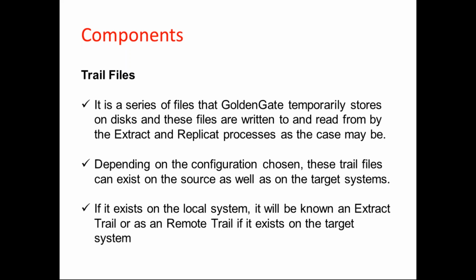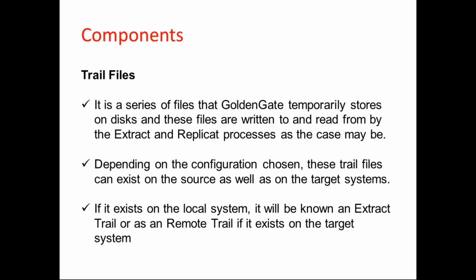Now trail files is a series of files written in the canonical format, which temporarily store the data which is read by the extract. It can be written by the extract process if it is available in the source system.